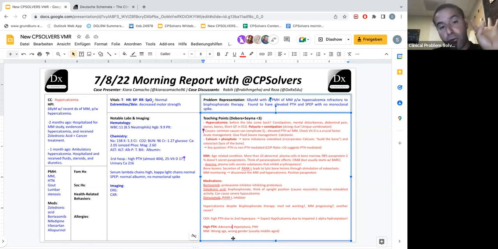But there's 4 unusual things here. He's a man who is older, who has hypercalcemia refractory to bisphosphonates, and who has a PTH level 10 times the upper limit of normal. So that is very worrisome, that he might be dealing with a massive adenoma or even maybe a parathyroid carcinoma. So just to point out that we're talking a lot of illness scripts today.